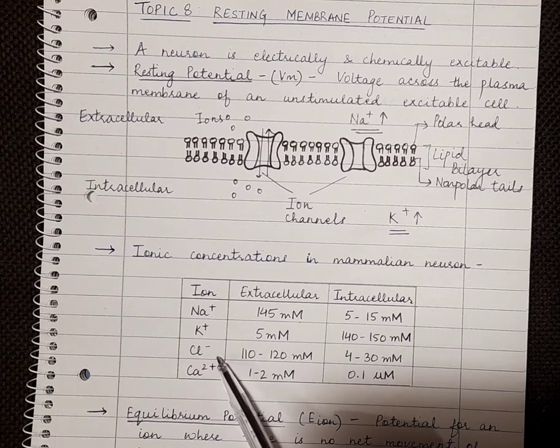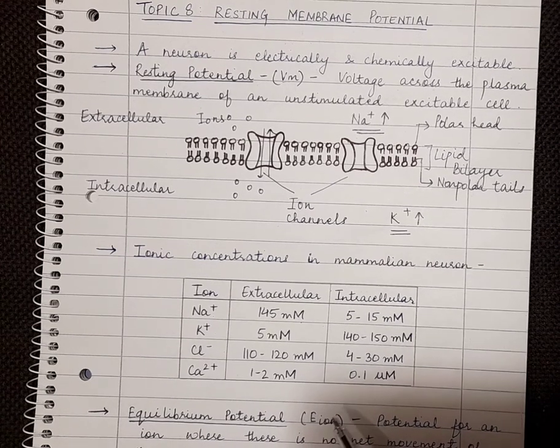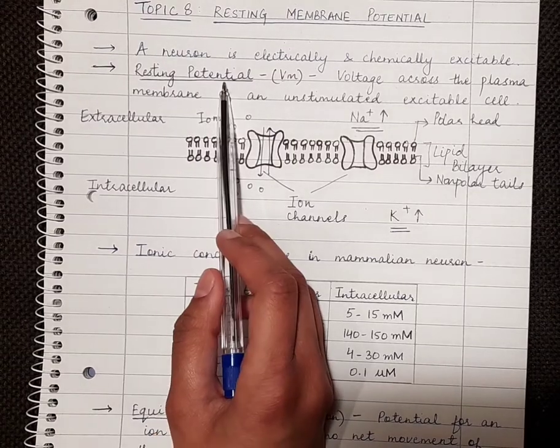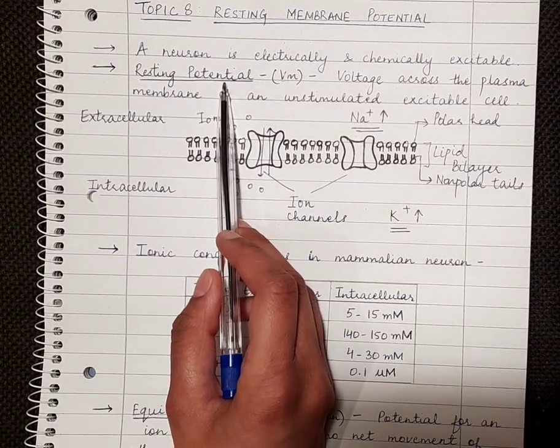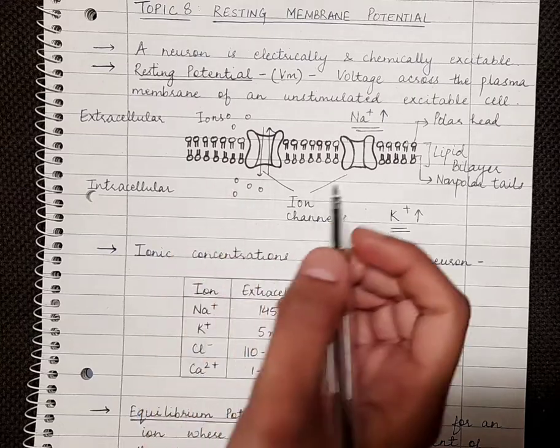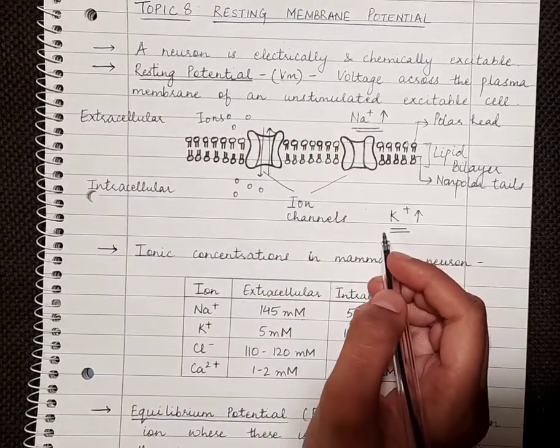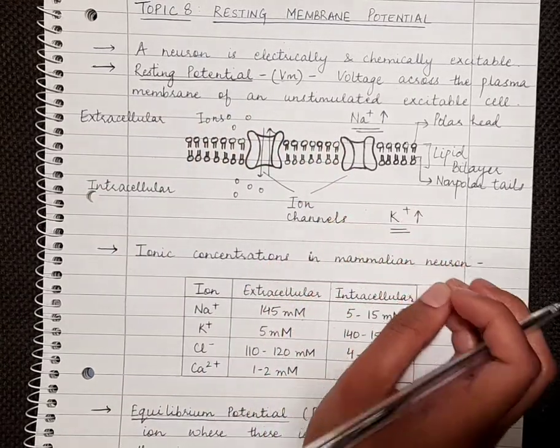Then there are other ions also, like chloride, which is present more on the extracellular side, and calcium, which is also in very low concentration; intracellularly it's very low, 0.1 micromolar. Now the resting potential of a neuron is around minus 65 to minus 70 millivolts.